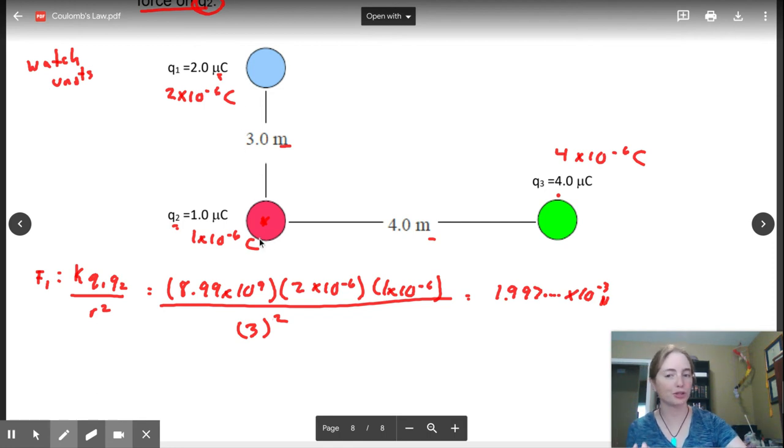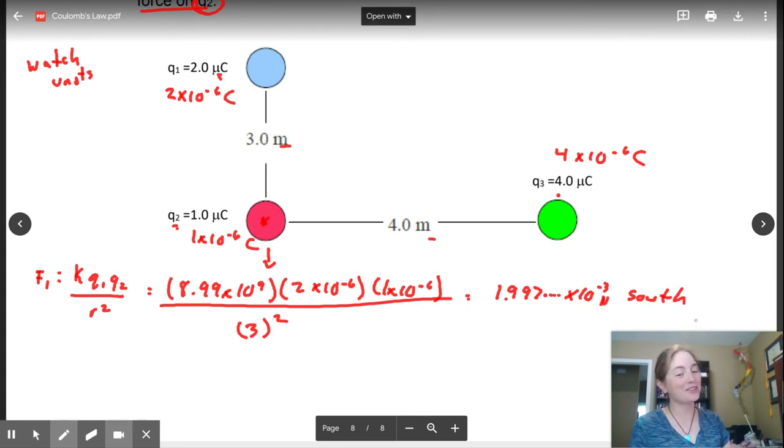Is it going to attract it to itself or push it away from itself? It's going to repel because they are both positive charges. So what does Q1 do to Q2? It's going to repel it and push it south. Okay? So I'm going to write my direction of south.